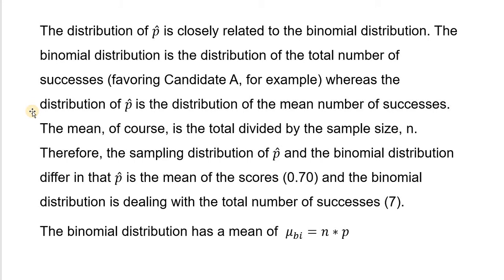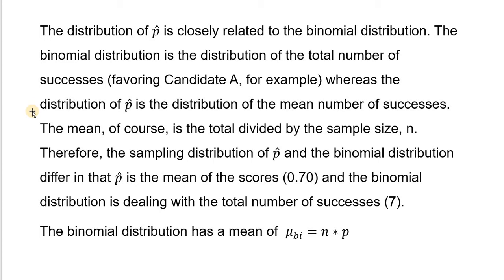The distribution of sample proportion is closely related to the binomial distribution, as you saw. The binomial distribution is the distribution of the total number of successes, as we learned previously. We will be given the sample size and the probability of success, we build the table and then answer the questions related to that. The distribution of sample proportion is the distribution of the mean number of successes, as we saw in the previous example.